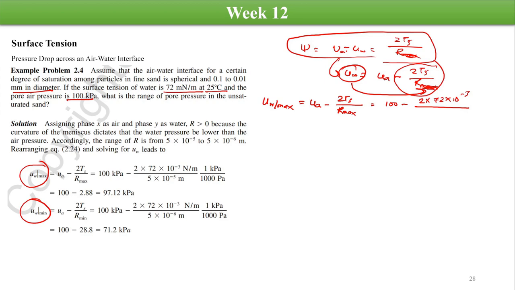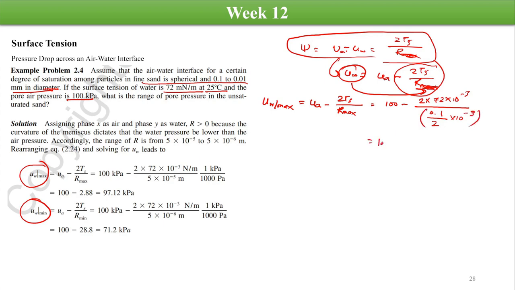The particles are given as fine and spherical, with diameter 0.1 to 0.001. So we divide by 2 to get the radius. So 0.1 divided by 2, that is in mm. We are converting into meters, so into 10 to the power minus 3.